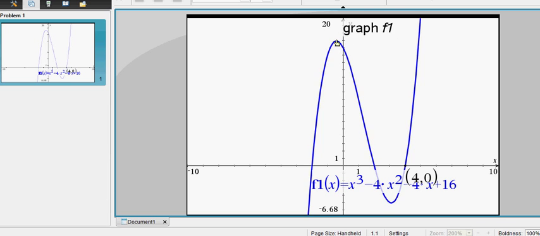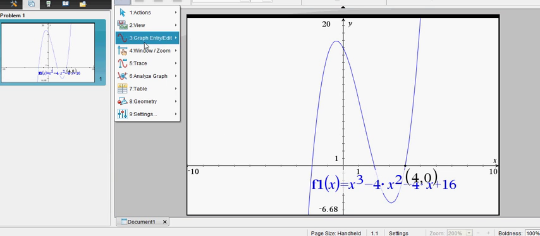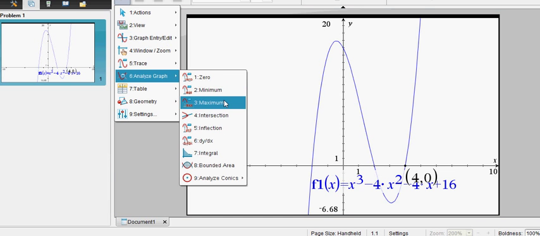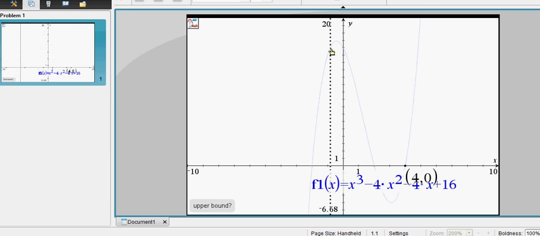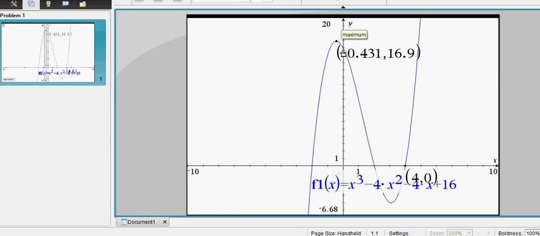Similarly, you can find the coordinates of that maximum. For me, I just find maximum and shimmy to the left, shimmy to the right, and I get the coordinates of that maximum. For you, it's probably second calc, bring the spider to the left, bring the spider to the right, and the calculator will tell you where that maximum is.